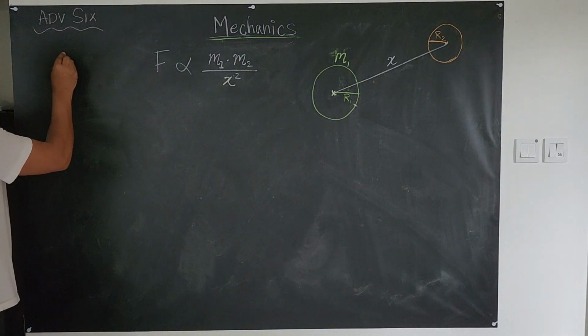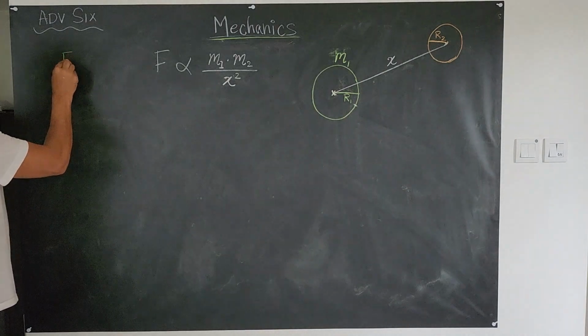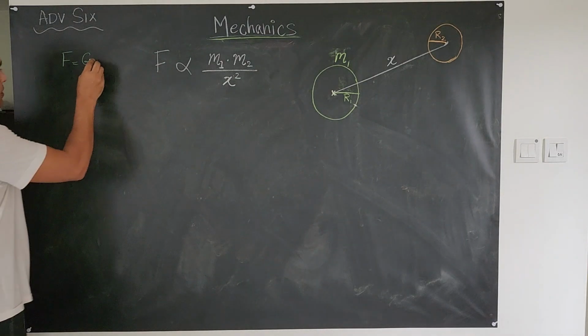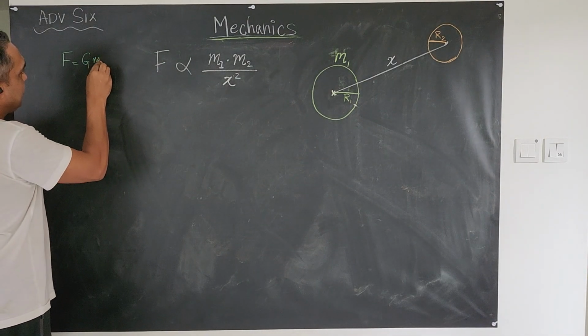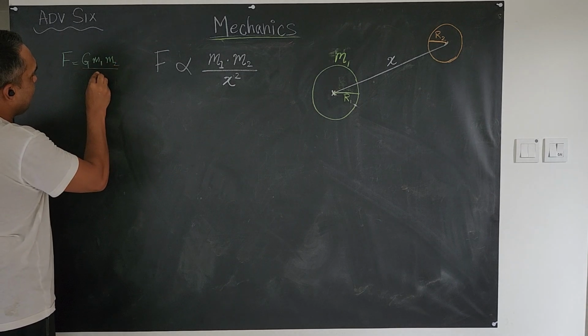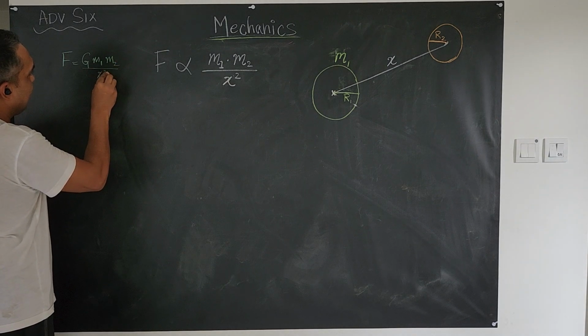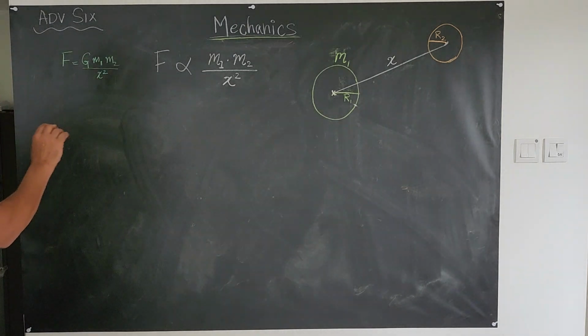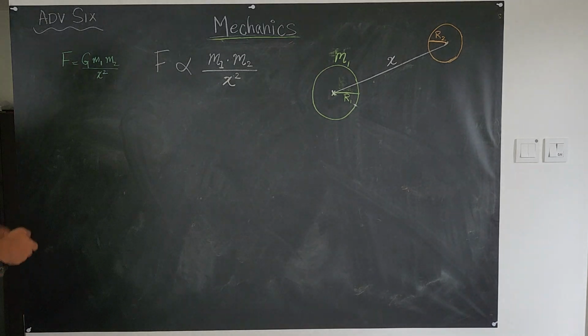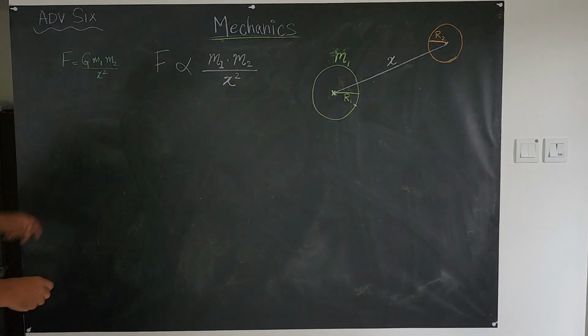This equation got written as force is equal to G, the universal gravitational constant, times the two masses, over the square of the distance between their centers of mass. G is the universal constant of gravitation. We have a value for it, so we're pretty comfortable with that part.